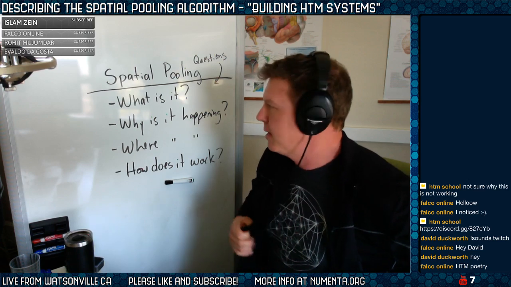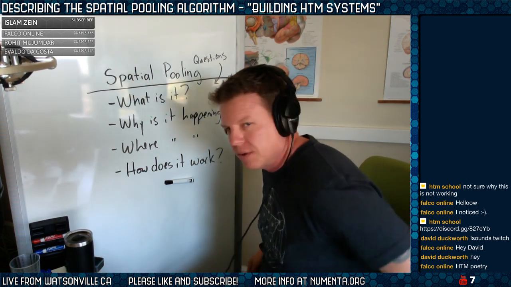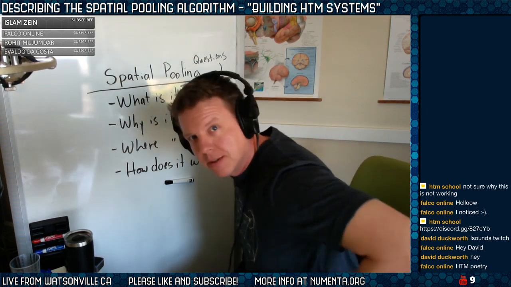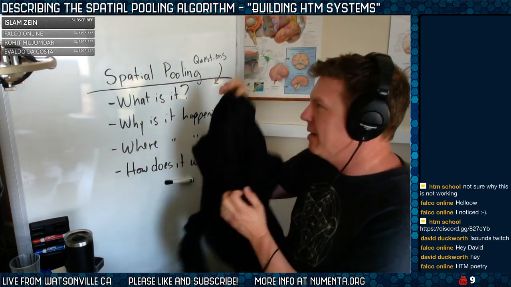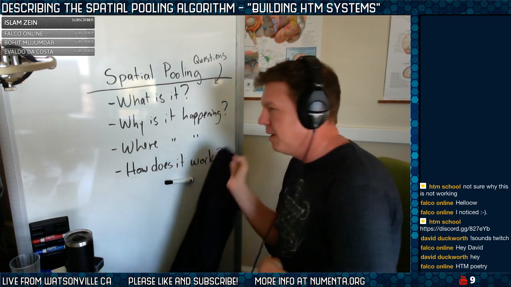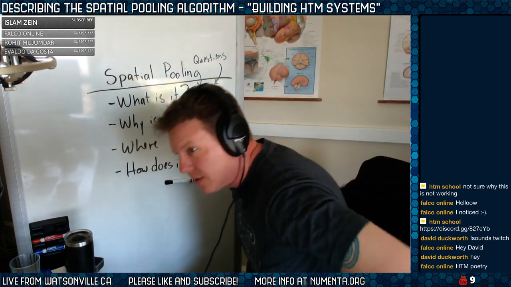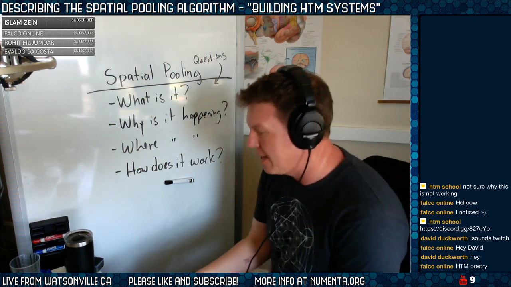So welcome, you guys. The questions that I want to answer, with relation to spatial pooling, are: what is it? Why is it happening in the brain? And we're going to link this all back to the neuroscience as efficiently as we can.